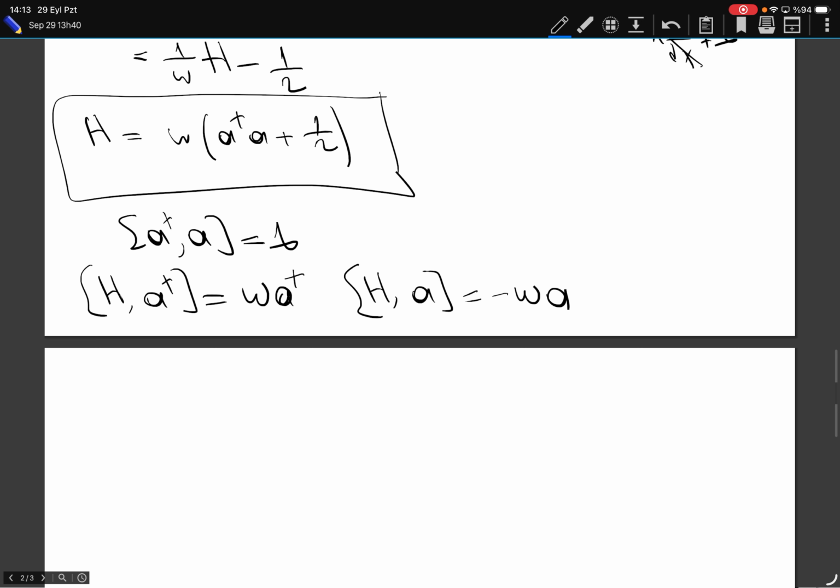Now, why will those be important? We now have all these annihilation and creation operators. If you look at this commutator, it tells me that H A dagger minus A dagger H is omega A dagger.